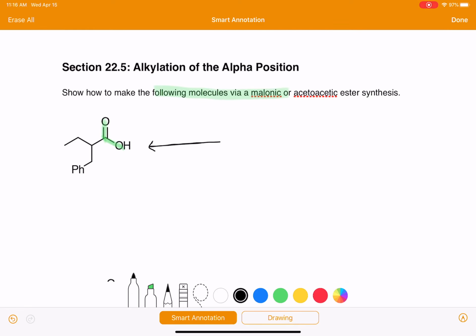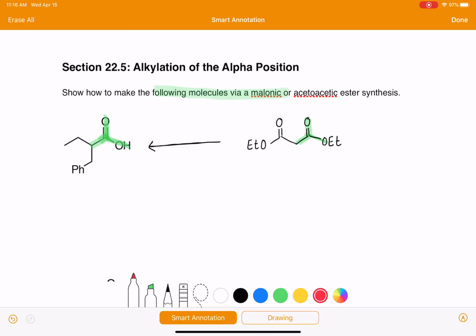So if we're doing the malonic ester synthesis, that means we are stuck starting with the actual malonic ester. That's got to be our starting material. And when we look at the product, we need to identify the portions of the product that came from the malonic ester.